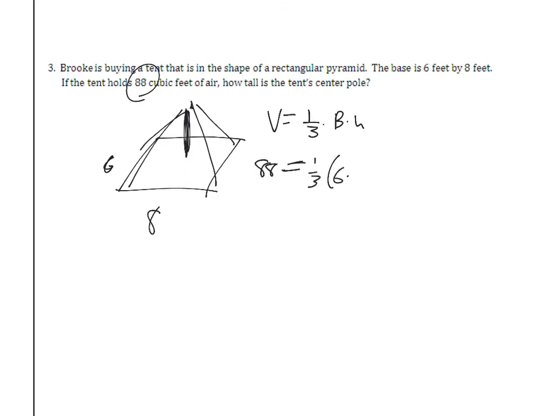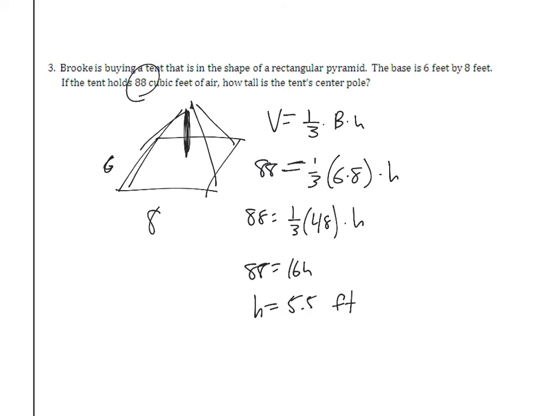My area of my base is 6 times 8 times my height. That's kind of what I'm solving for. 6 times 8 is 48. So 48 divided by 3 is 16. So if I take 88 divided by 16, we're going to get 5.5. So that means the center pole that holds up the tent is going to be 5.5 feet.